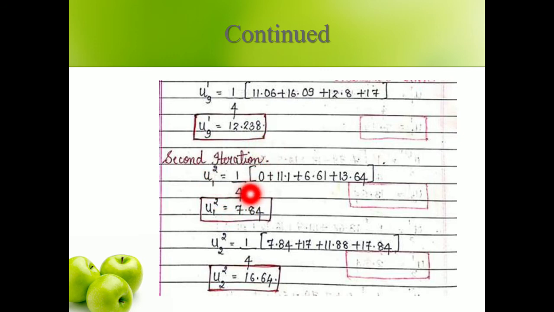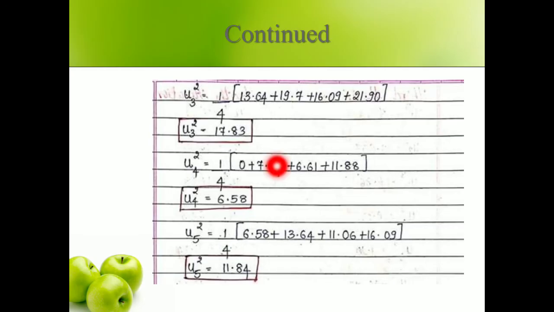Similarly, to find the second iteration values, you will be using the first iteration values. So the values you have obtained are u1 double dash is equal to 7.84, u2 double dash is equal to 16.64. Next u3 double dash is equal to 17.383, u4 double dash is equal to 6.58, u5 double dash is equal to 11.84.